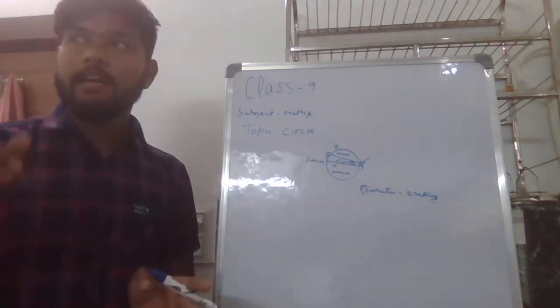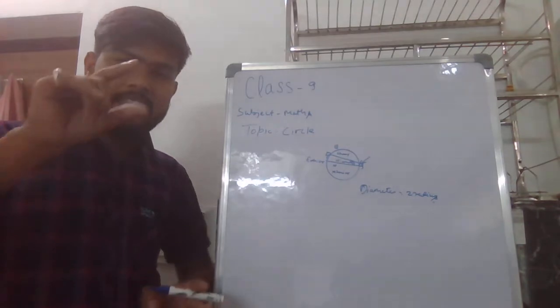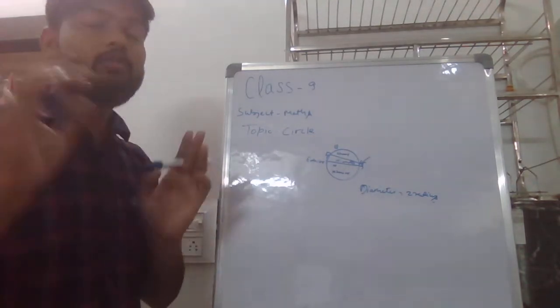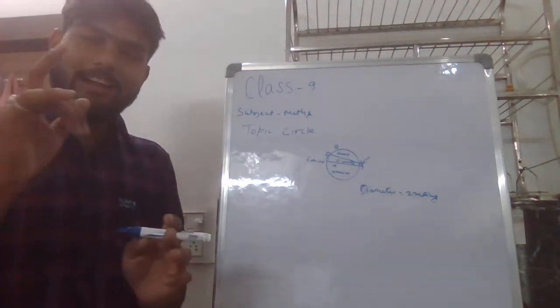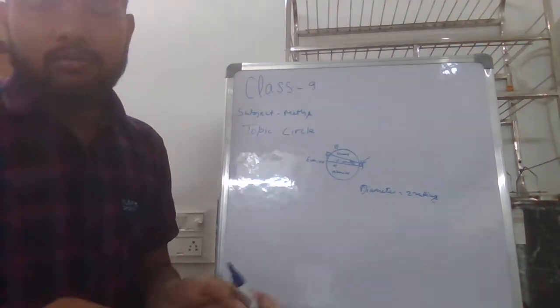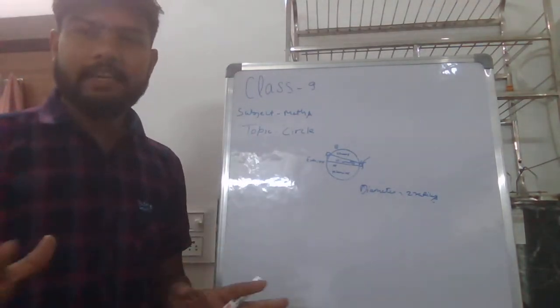In a bullock cart wheel you have seen that there are many chords, and then we can say the diameter of the circle. I hope everyone is clear till now.